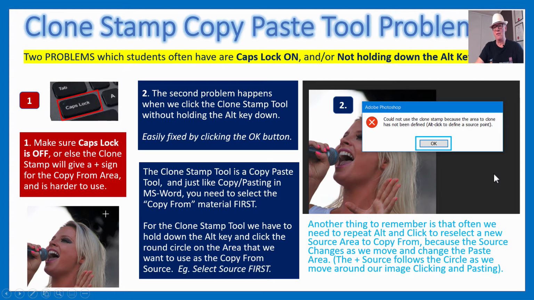As you move the mouse, those things will move as well. That gets a bit confusing for beginners, but just remember the plus is the source where you're copying from, and the round circle is where you're going to copy to. They move around together like they're glued together. And to break that connection, you have to press Alt again and click to get a new source.